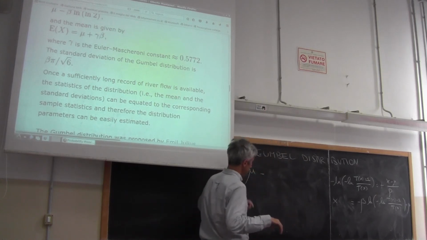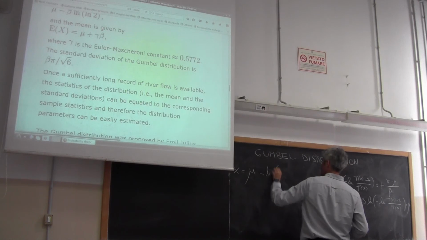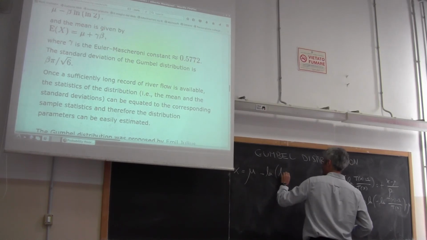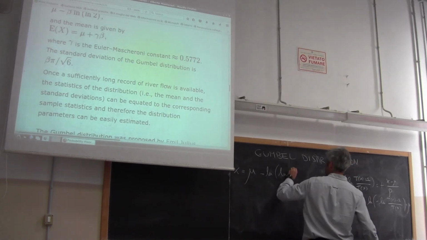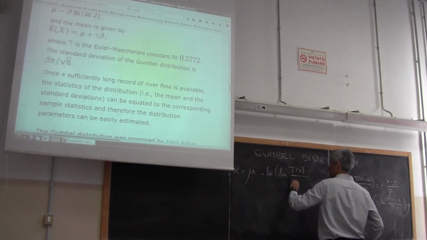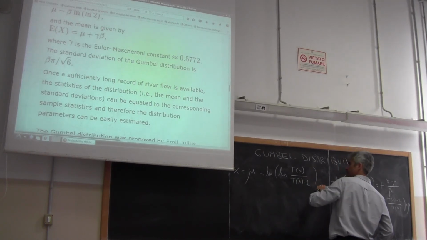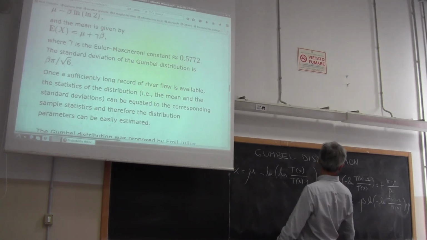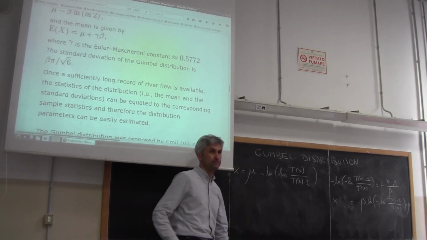So they write mi minus, and then write the logarithm, and then in order to avoid the negative sign in front of the second logarithm, one could invert numerator and denominator. So you may find it written in this way.